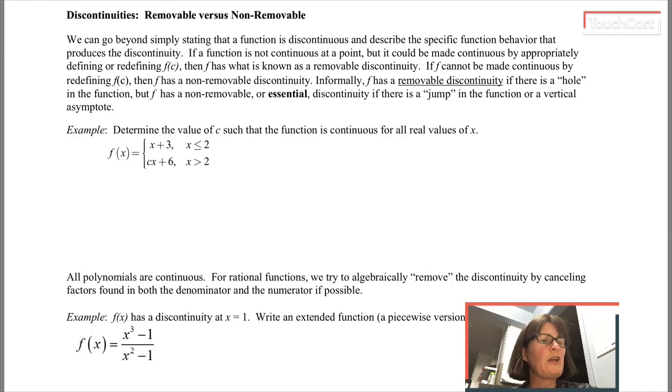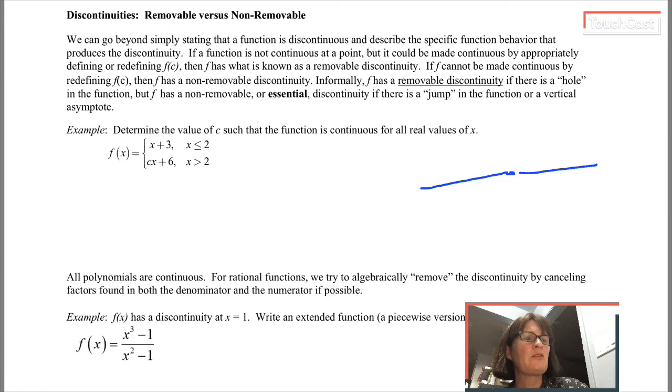So we saw at the very beginning of the video that a removable discontinuity is one where there's one single pencil point missing. Zoop. Maybe that pencil point gets filled in somewhere else, maybe it doesn't. But that's what a removable discontinuity is, because if you could just change the function definition at one single point and make sure you filled in that hole, then you could change your function into a continuous function.